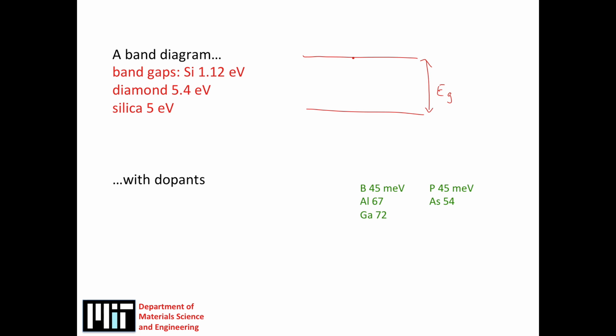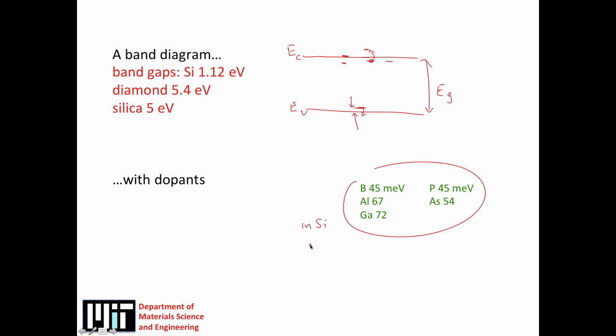It just means that you have to put some acceptor or donor levels near the edge of the band so that thermal excitation can take the carrier, let's say the electron, from here up into the conduction band, or a hole effectively down into the valence band. When we look at dopants added to the band structure, the important property is the gap here, the distance between the donor or acceptor level and the band edge.